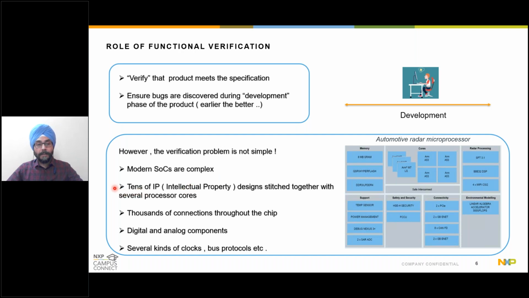Because there are tens of IP designs stitched together, and there are several processor cores, so it's a multi-core system. And thousands of connections throughout the chip, because you have to hook up all these IPs together in order for them to work together. And also there are both digital and analog components, and several kinds of clocks and bus protocols connecting all of this together. So verifying this is a mammoth task.